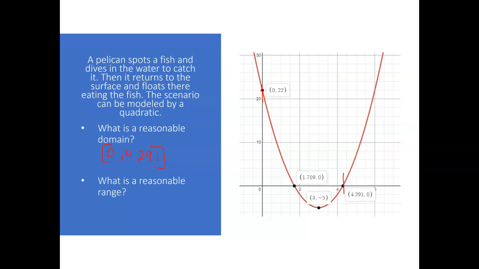Now, reasonable range. Again, this pelican isn't flying up to outer space, so it's not going to keep going forever. What's going to be a reasonable range within this context? Negative 5 to 22.